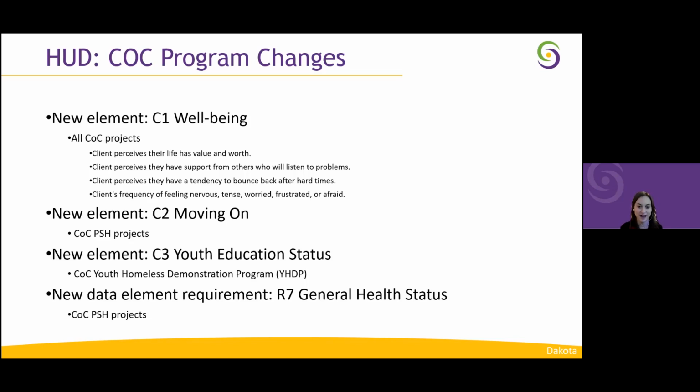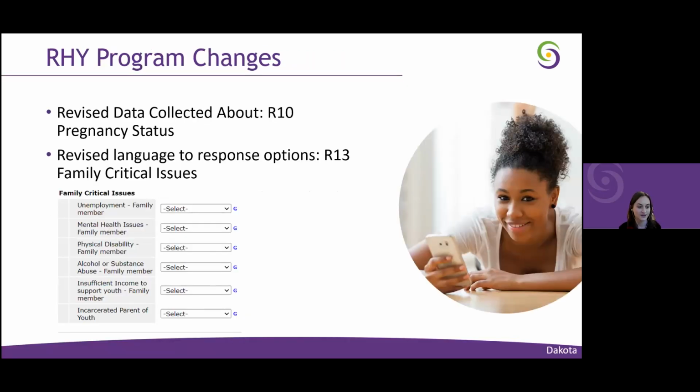And then we will have a new data element requirement for an existing element that we already had. The general health status will be required for permanent supportive housing projects. And this is just a question that asks, what is the general health status on a scale from excellent to poor?